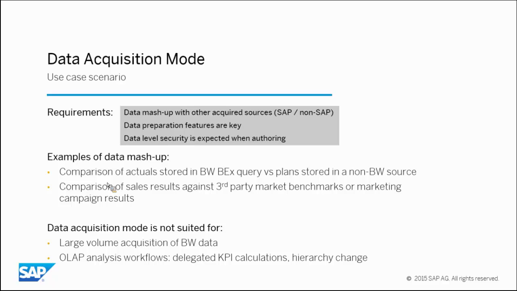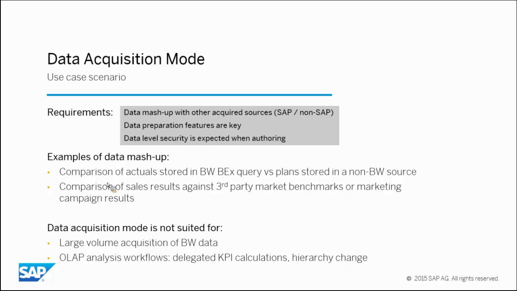This scenario is for use cases or requirements where you would like to match the data you are acquiring from SAP BW with non-SAP sources like Excel or data acquired from Query and SQL, and also for cases where you want to extend the logic created in a BEx Query within the tool, adding another business logic or transformation after acquiring.